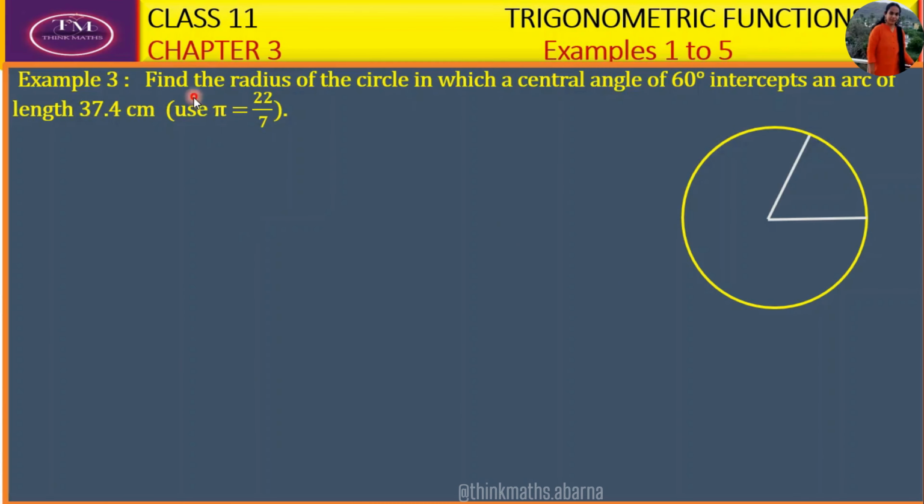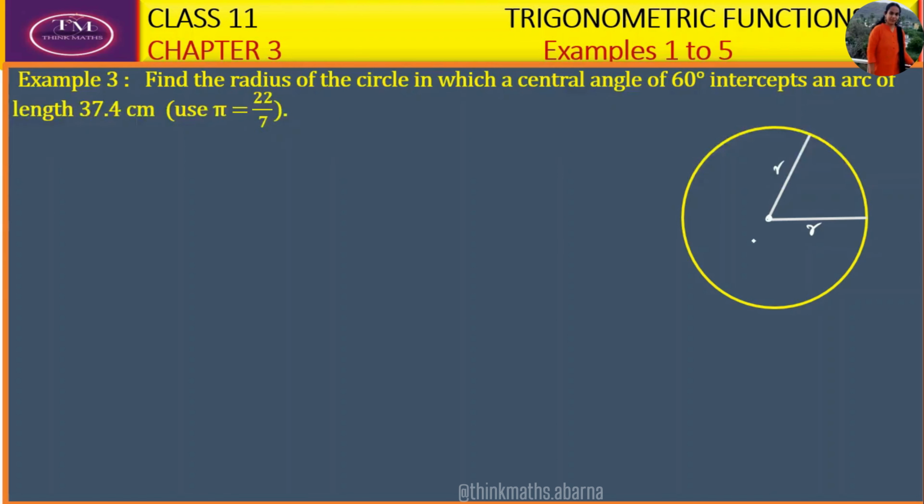Example 3. Find the radius of the circle in which a central angle of 60 degree intercepts an arc of length 37.4 centimeter. Use pi is equal to 22 by 7. So we have to find the radius of the circle.